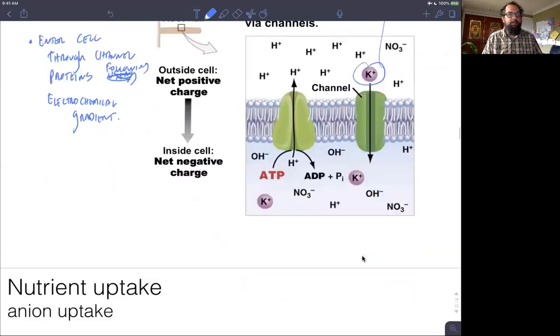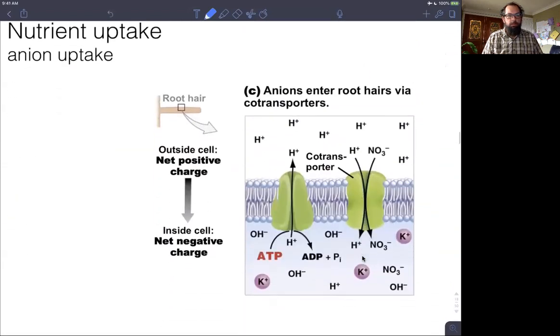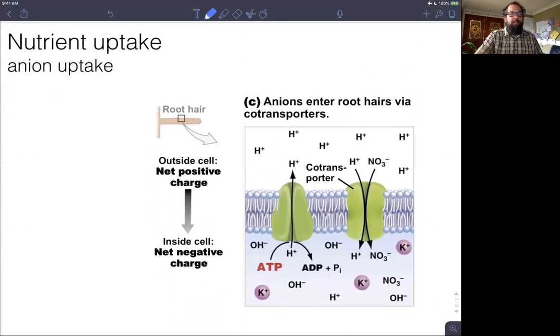How about anions? Anion uptake is a little bit different because the electrical gradient actually is going from positive to negative, as we showed before. And so anions use symporters to move these in.